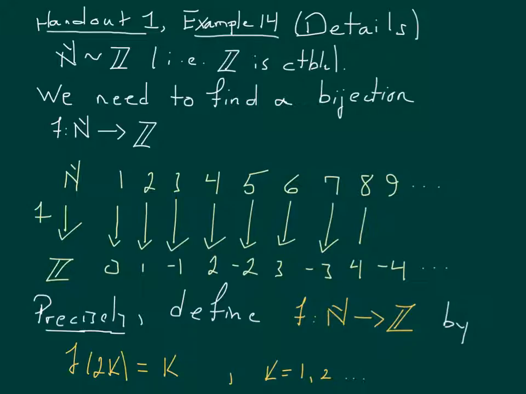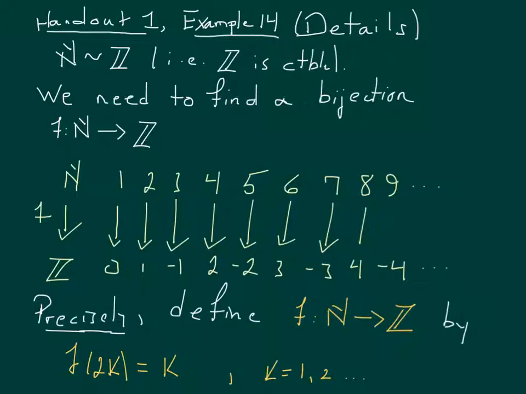Well, we want to be more precise in terms of our definition of countability, so we'd like to actually have a bijection from N onto Z. To do that, 1 maps to the first element in our list, 2 to the second element, 3 to the third element, and so on. And that defines our bijection.